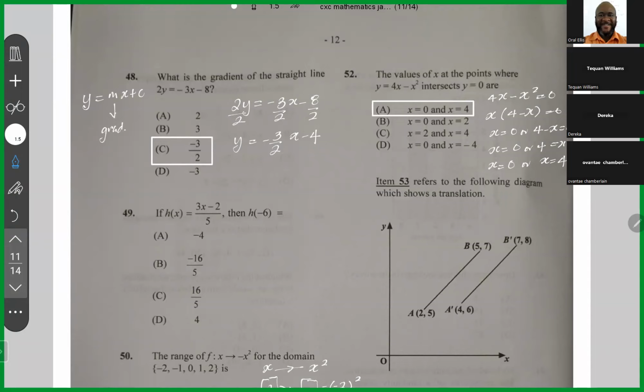So now I have what? 2y is equal to minus 3x minus 8. All I have to do is divide the entire equation by 2 to get rid of the 2 on the left so that I can make y the subject. When I do that, the number in front of x now is going to be minus 3 over 2, and minus 3 over 2 is the gradient. Oh, I didn't do 49. All right.